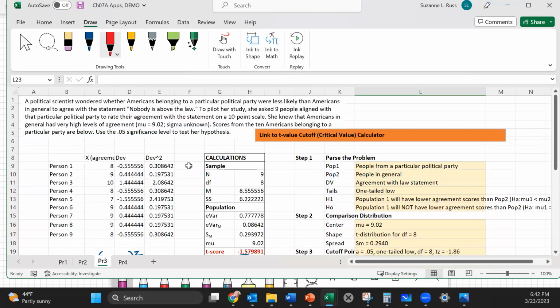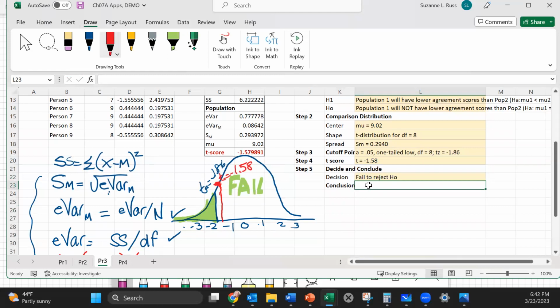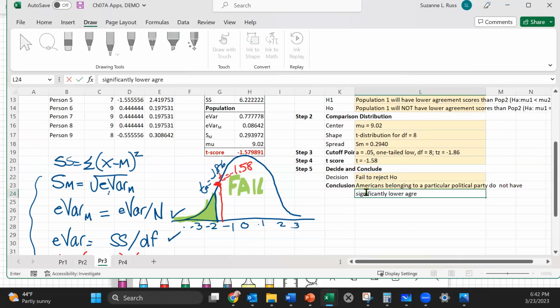What is our problem here? It is: Americans belonging to a particular political party do not have significantly lower agreement scores to the statement, "nobody is above the law," than Americans in general.